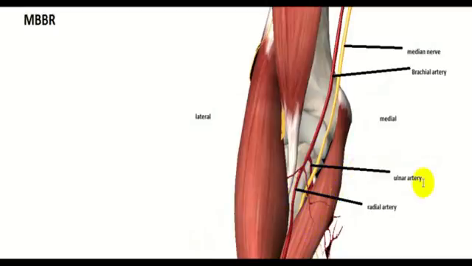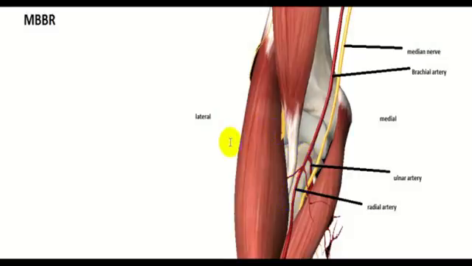The ulnar artery is the artery which is at the ulnar side, and that's the medial side of the cubital fossa. Then this radial artery is at the lateral side of the cubital fossa. So this brachial artery, which is a continuation of the axillary artery, terminates in this cubital fossa by dividing into the ulnar artery and the radial artery.